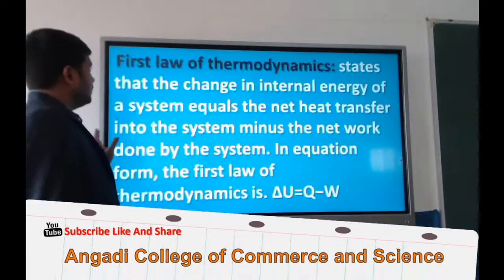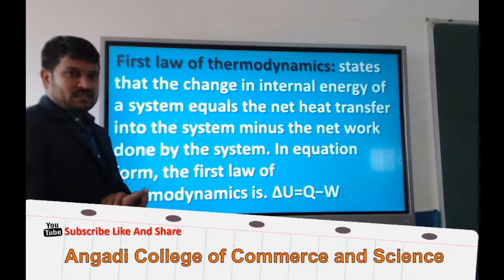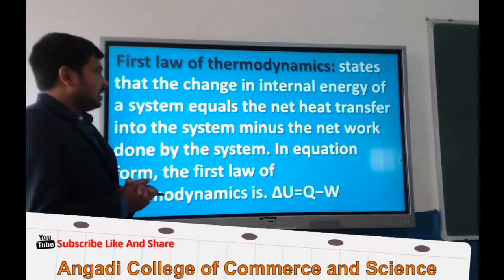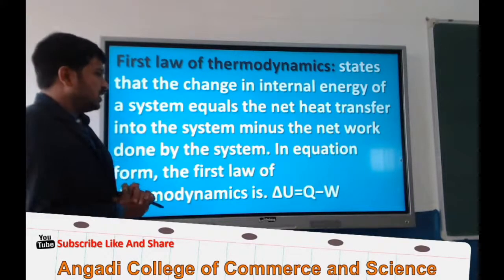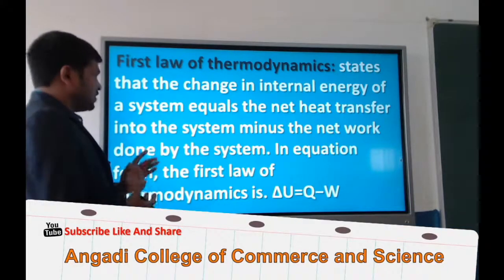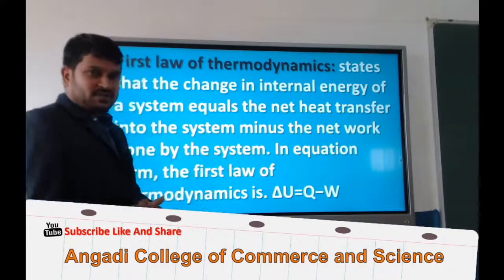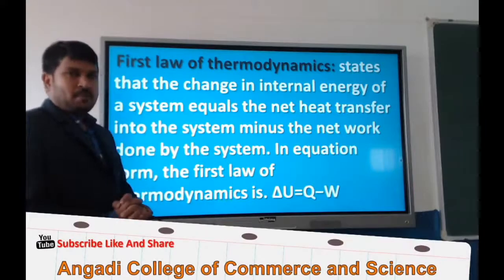Here, last one. Okay, the first law of thermodynamics. What is the first law of thermodynamics? The first law of thermodynamics states, students, that the change in internal energy of a system equals the net heat transfer to the system minus the net work done.